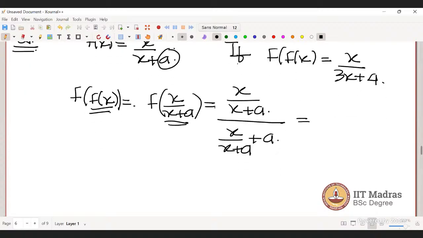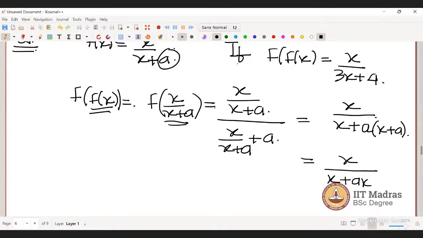So then you should get x by (a into x plus a), plus a square, right? Correct? Yes, sir.